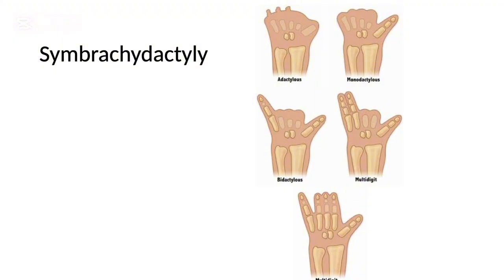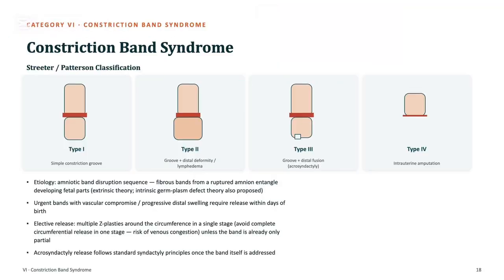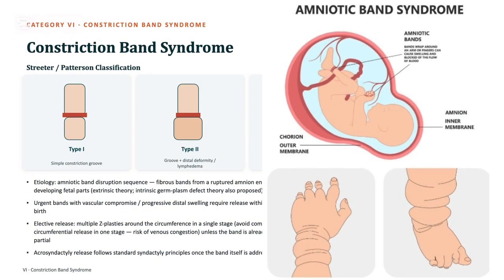Symbrachydactyly is involvement of multiple fingers with shortening and fusion. It may be in 2 or 3 or multiple digits, all the digits. Again to the classification system. Constriction band syndrome. This is a band that occurs during the intrauterine life.